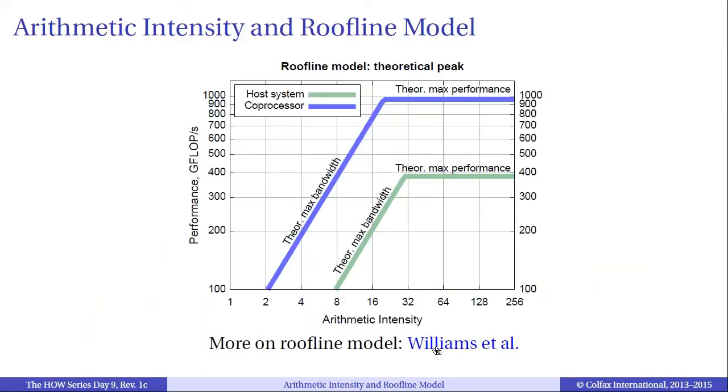This paper, you can click it, it's a 2009 paper, suggested an analytical tool based on the arithmetic intensity called roofline model. A roofline model is a curve in the space of performance versus arithmetic intensity.